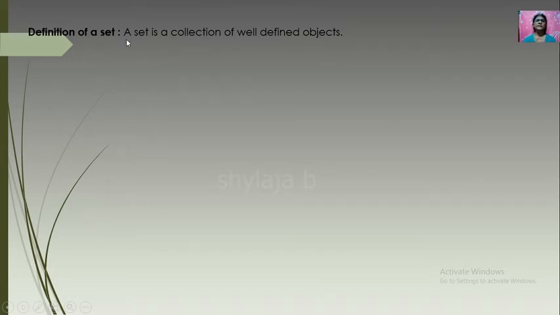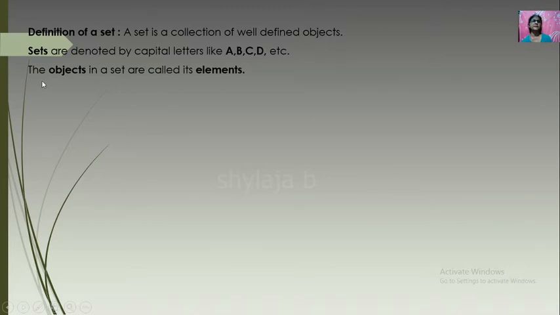Here the set is represented by capital letters of the English alphabet. Sets are denoted by capital letters like A, B, C, D, etc. The objects in a set are called its elements. These elements are represented by small letters of the English alphabet.